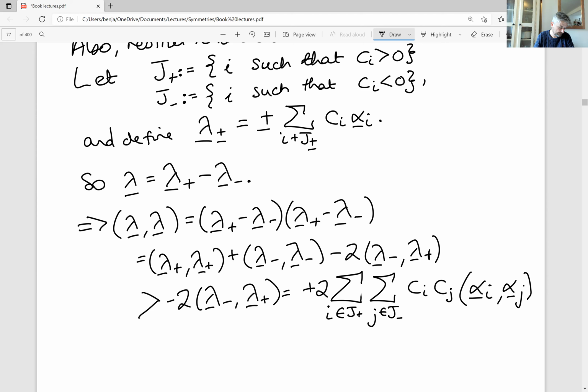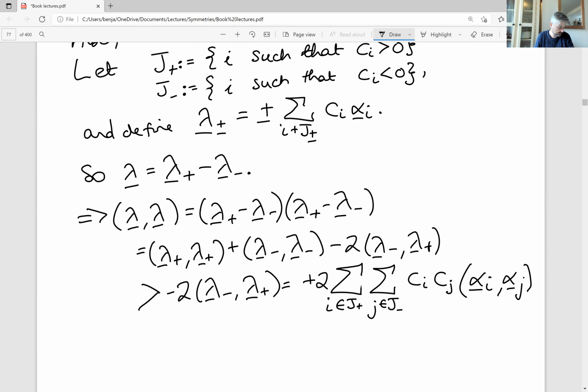Now, all right, we can say something about the sign of these things. c_i c_j, remember the j's are always negative and the i's are always positive, so this is always less than 0.